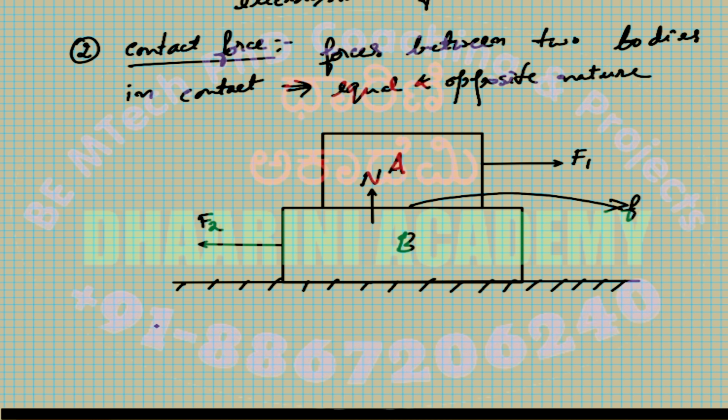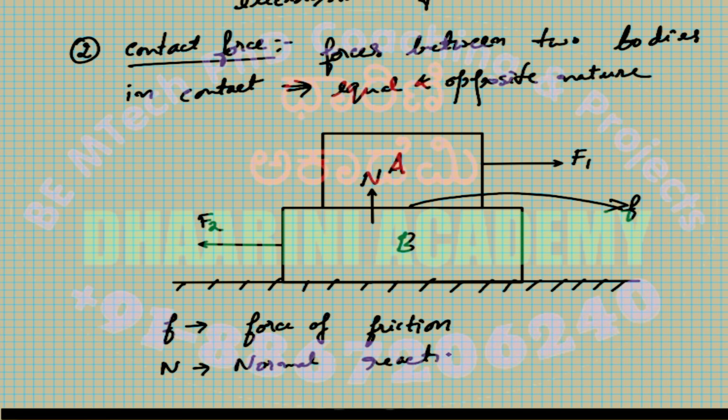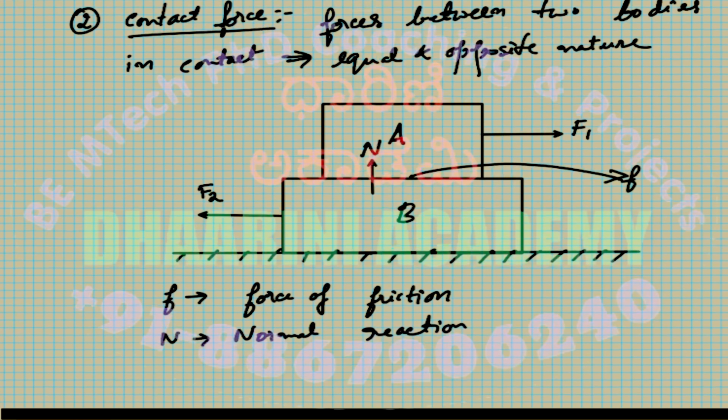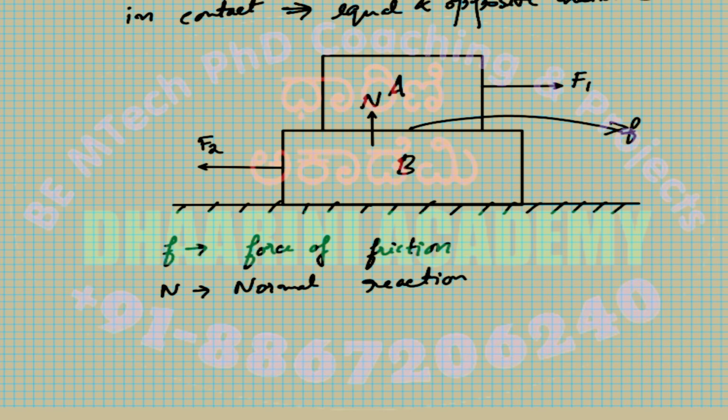So generally two contact forces are: one is F, which is called the force of friction, and the other one is N, which is nothing but the normal reaction. These kinds of forces exist whenever we are looking at contact forces.